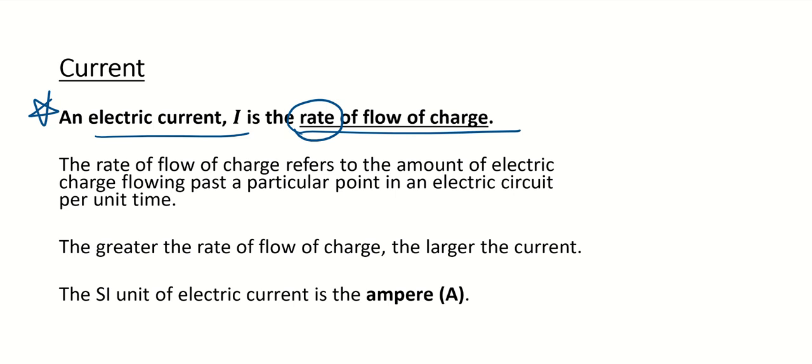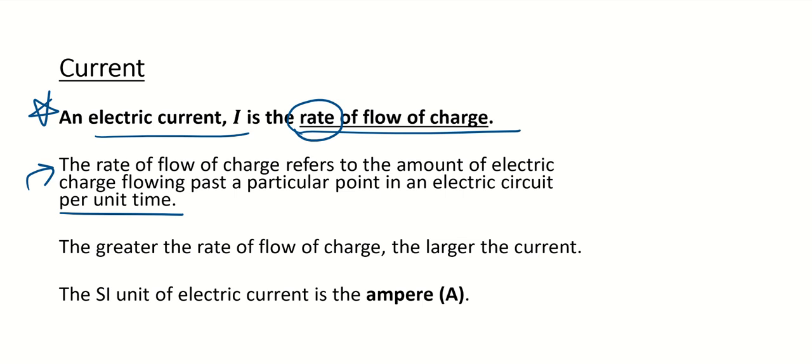What's your typing rate? Maybe 80 words per minute, things like that. But for here, current I is the rate of flow of charge, electric charges, right? So the rate of flow of charge refers to the amount of electric charge flowing past a particular point in an electric circuit per unit time.